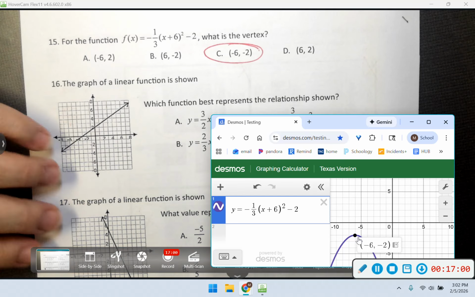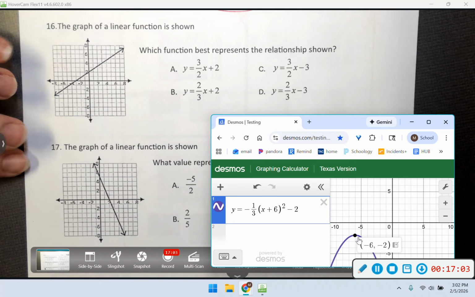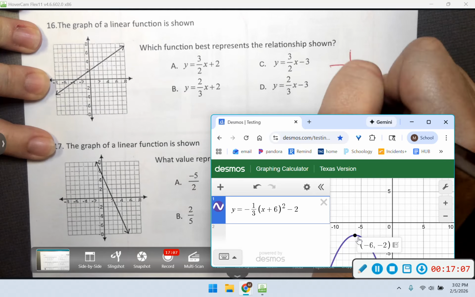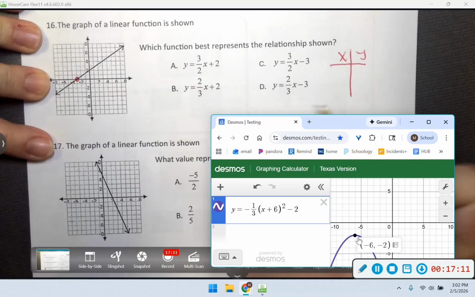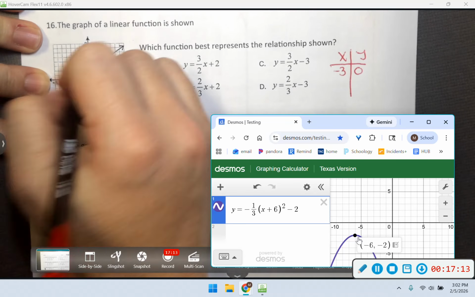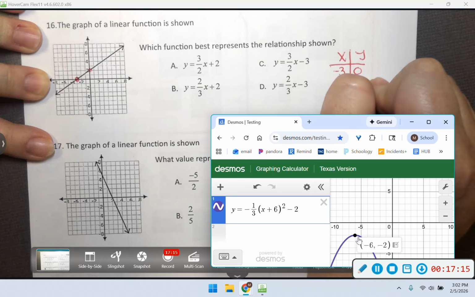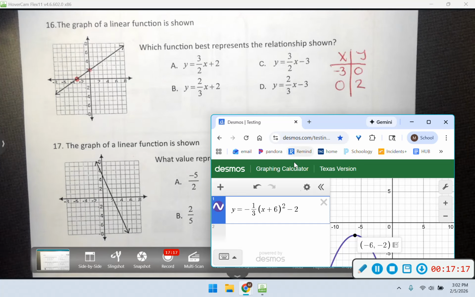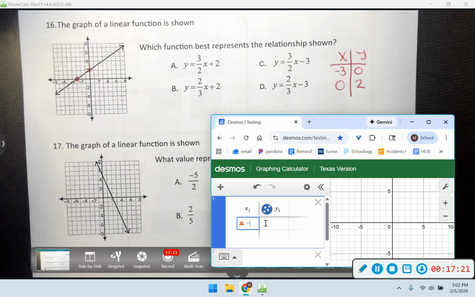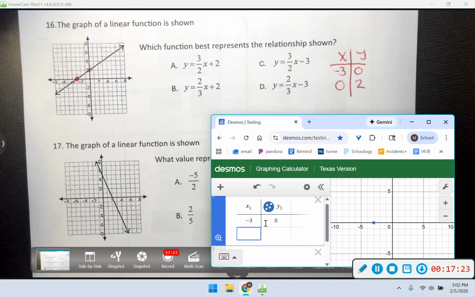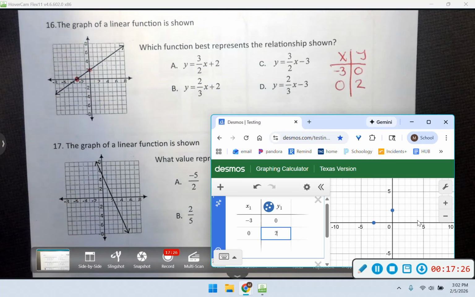That is free points. Okay, number 16, also you shouldn't get any of these wrong. On this one, we're going to do plus sign table in our calculator, but we have to have 2 points first. So here's a point, which is negative 3, 0. Here's a point, which is 0, 2, and I'm going to type them in my calculator. Plus sign table, negative 3, 0, 0, 2. And then I want you to check them.